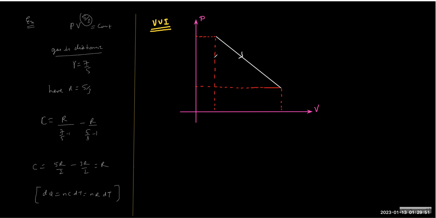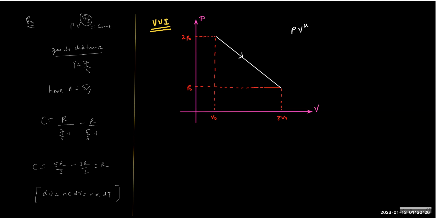Is it possible for this to be polytropic? Can this process be polytropic? Yes, sir. But the relationship is not in this format, right?